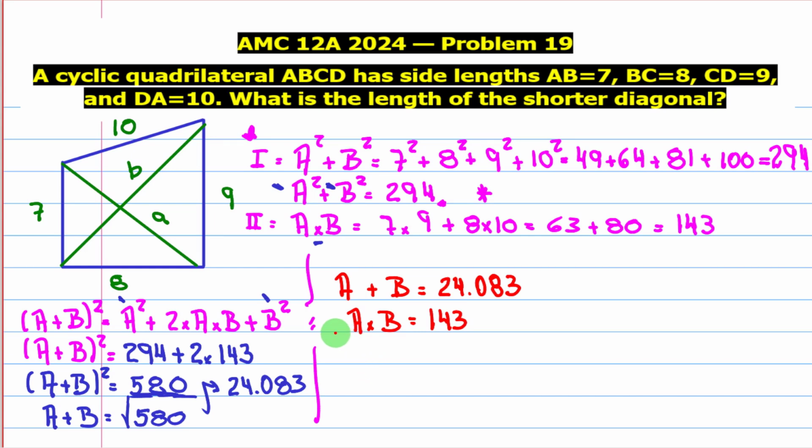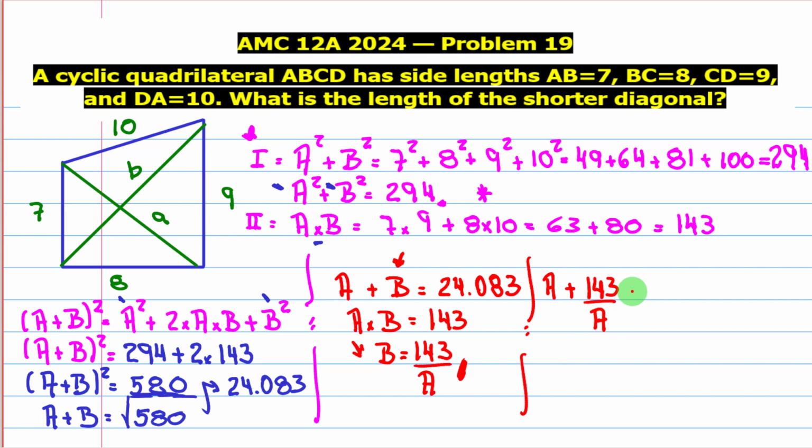So in that equation, I can make that B is equal to 143 divided by A. So we can replace this value on this value, and now we have A plus B, 143 divided by A, is equal to 24.083.